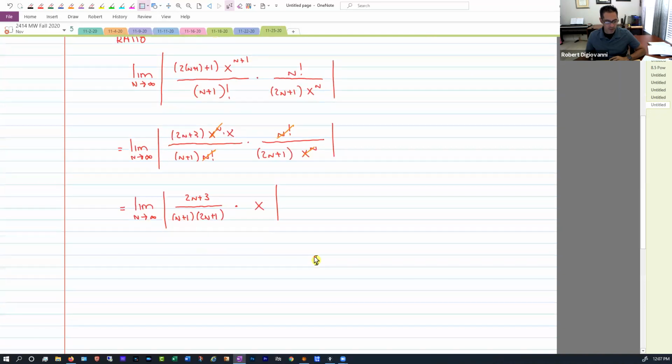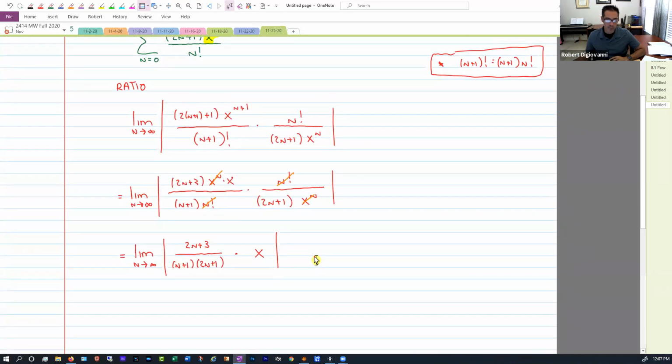Now, what's going to happen when we take this limit? The bottom here is really, what is this really? This is really 2n squared plus, I think it's 3n plus 1. That's what would happen if I FOILed this out. So if I let n go to infinity, would I get infinity over infinity and then do L'Hopital?